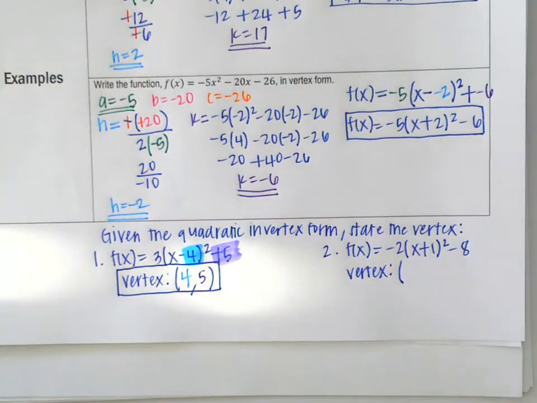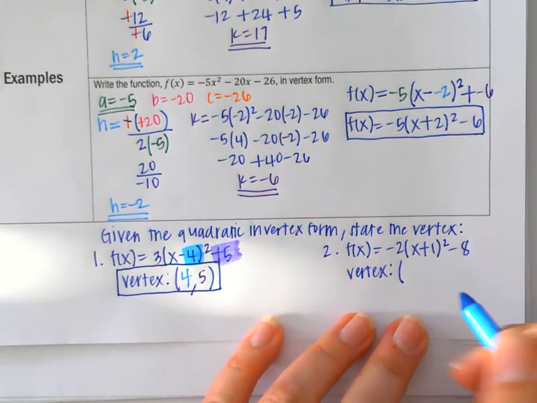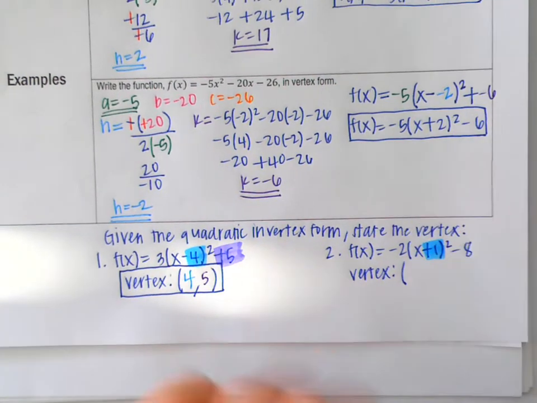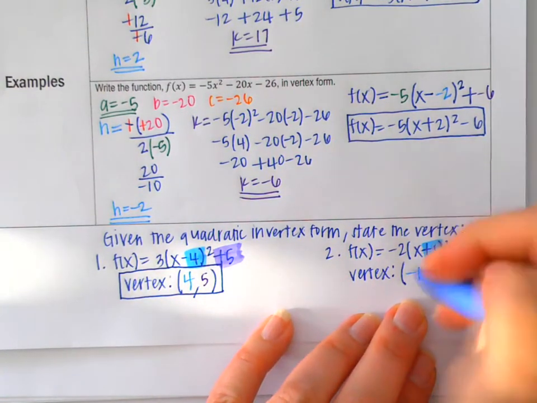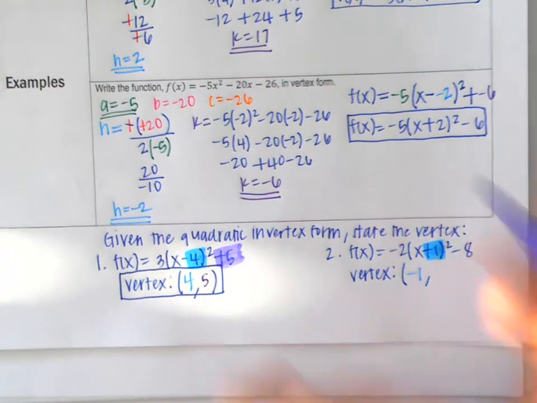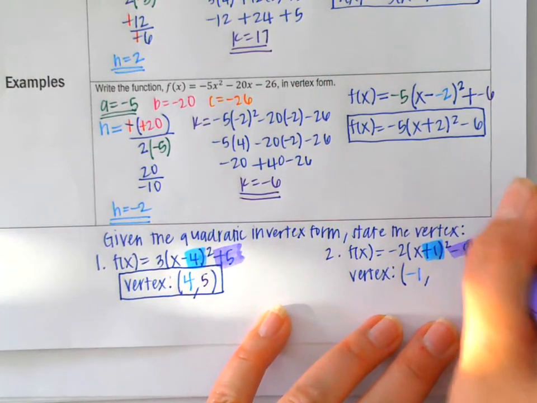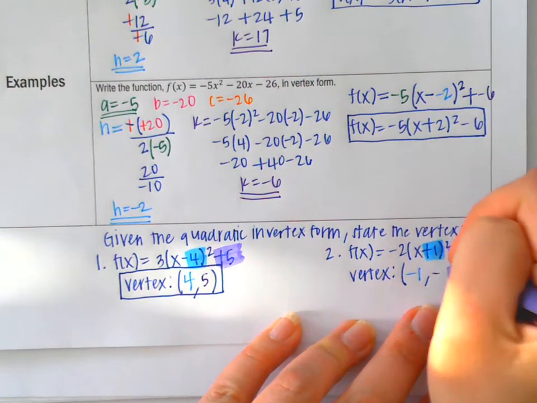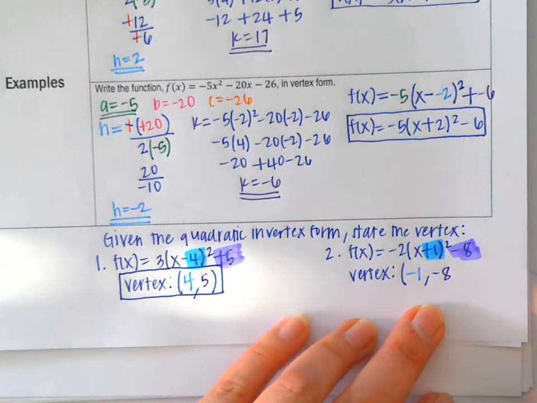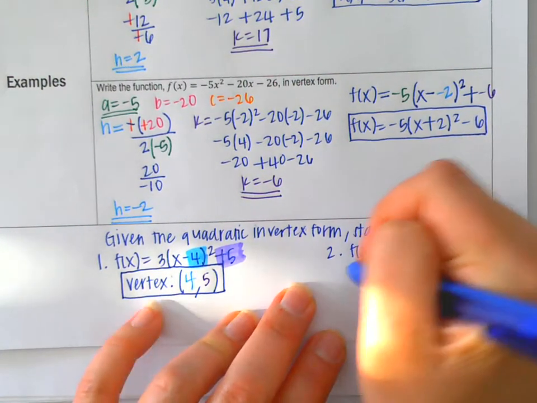So if you thought about it, hopefully you did. We look at the 1, we take the opposite sign. So if it's positive 1, we take negative 1. And then my k value is just this number here. We don't have to think about signs. We just take the whole thing as is. It's negative 8. So my vertex is negative 1, negative 8.